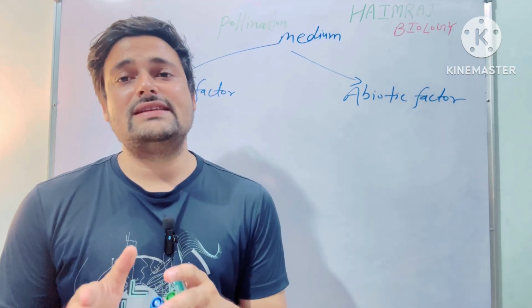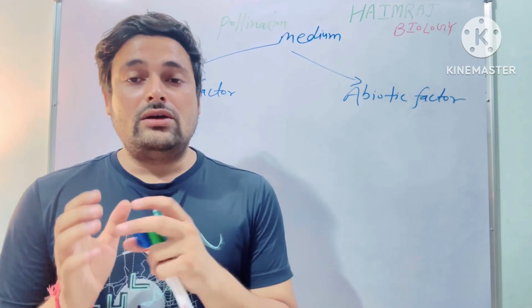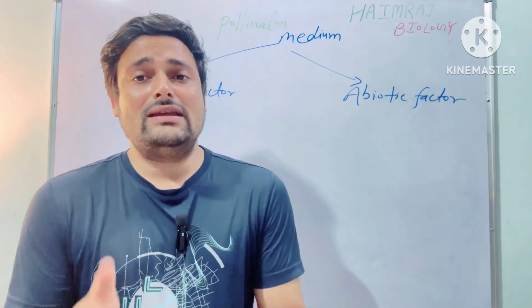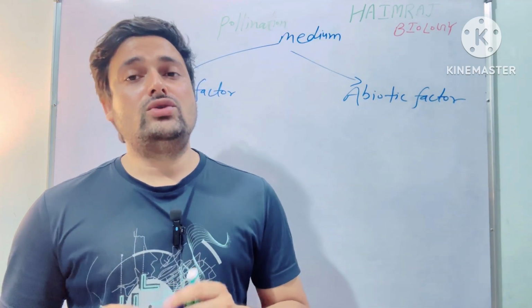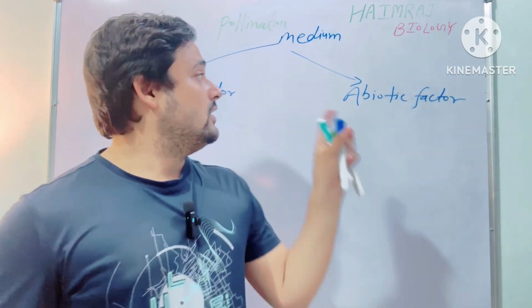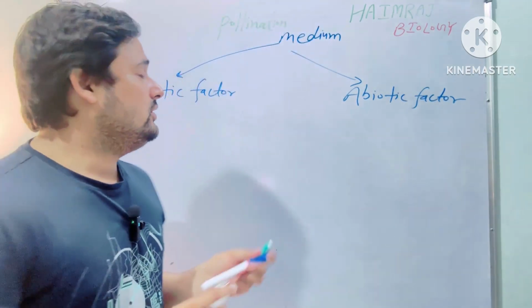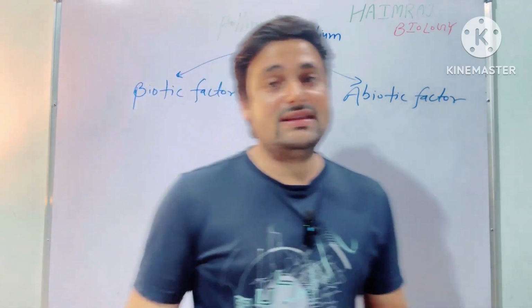It is a process in which your pollen grain transfers onto the stigma, and in this procedure two types of factor can help to transfer the pollen grain. First one is biotic, second one is abiotic factor. In biotic factor, many kinds of animals come in this part.